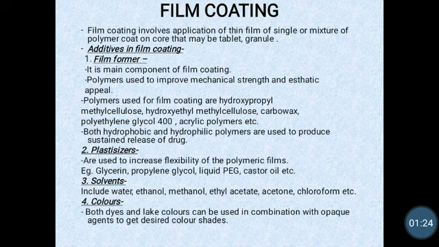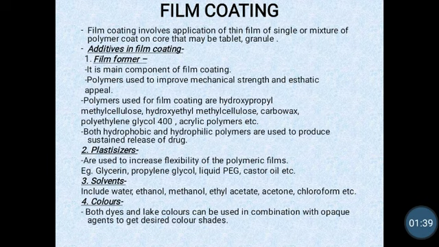So which are the additives in a film coating? First one is the film former. It is the main component of the film coating, a polymer used to improve the mechanical strength and the aesthetic appeal.